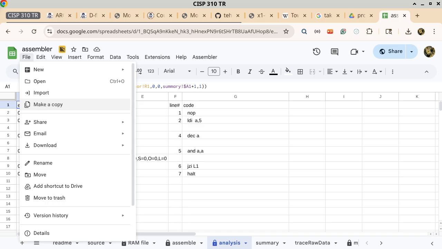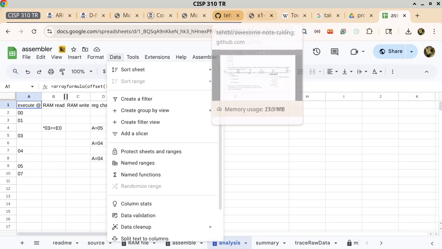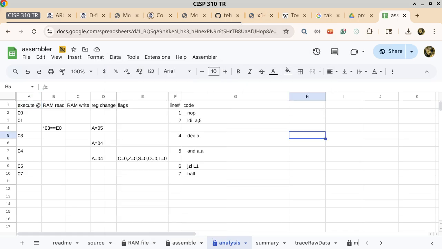For every program that I write, or that you will write, you can have a different file. And in that file, you can also add your own comments any place you want.